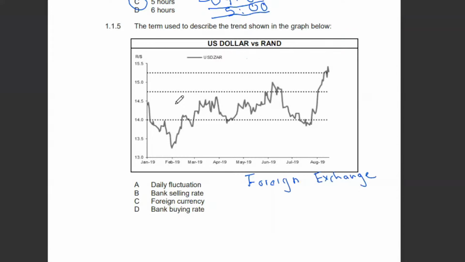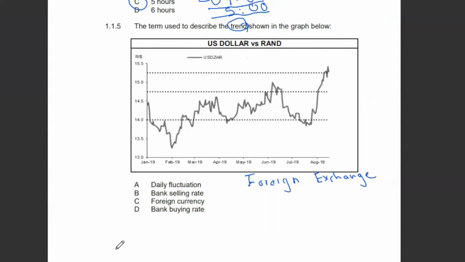So as you can see on the line graph, we do have changes. There's a time when the graph will be high and also a time when the graph will be low. Then the question reads, the term used to describe the trend. So our keyword there would be trend. What trend is shown in the graph below?